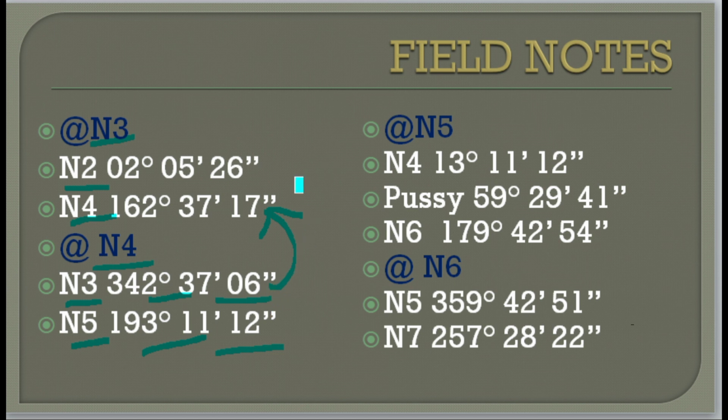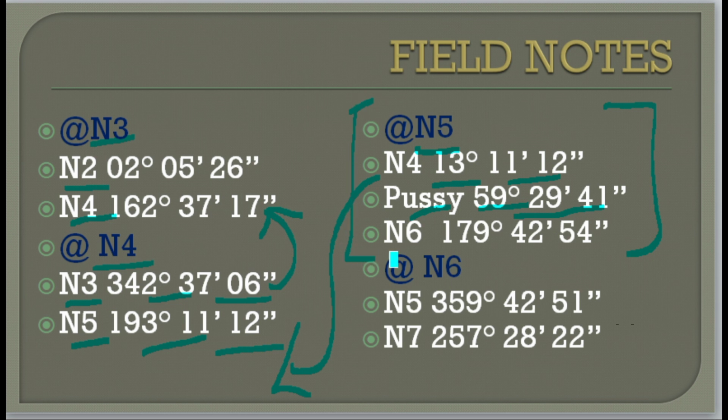Then we move on to N5. At N5 again, here we have a back bearing. Here we have again another distance. So from N5 to the Pussy, this is where mostly our trick is. Then from N6 to N5 back, then from N6 to N7, and then from N7 to N6, that is the back bearing.